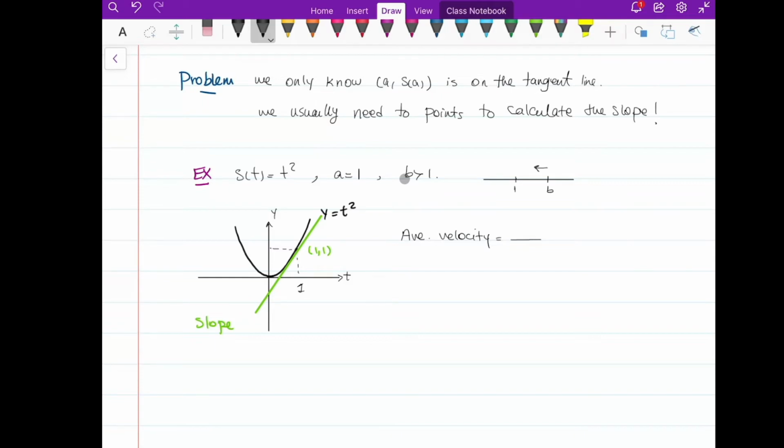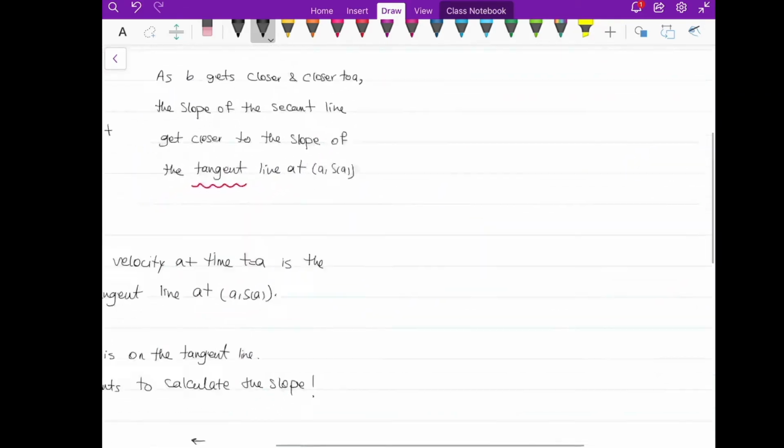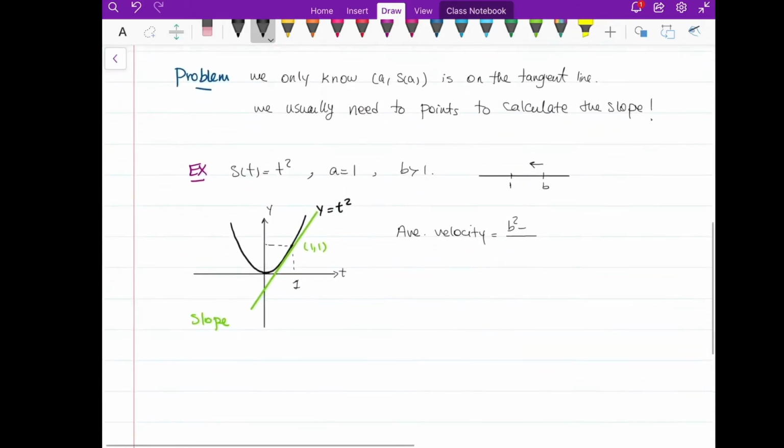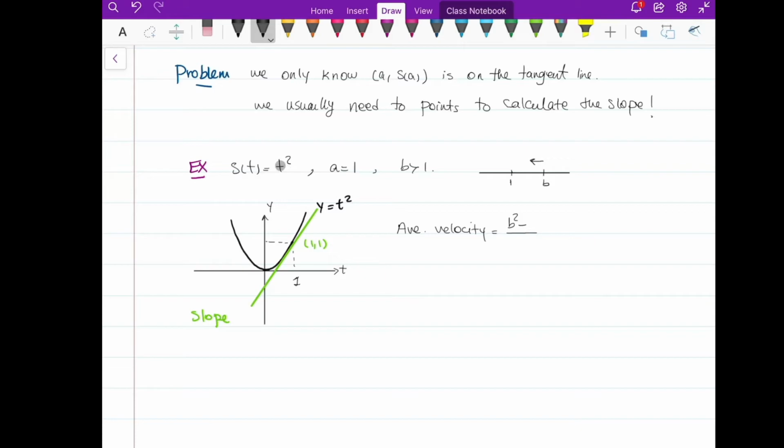So the position at the point B would be B squared minus the position at the point 1, which would be 1 squared, and then the change in time, B minus 1.